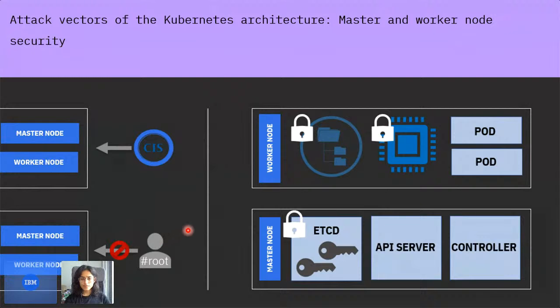Moving further, you need to encrypt the worker node's file system and make it read only. So when you're working on the worker node, just make it read only, so that if someone does have the access, they are unable to make any changes. Also, you need to use memory encryption to encrypt the part of the memory where the application data is loaded during runtime.